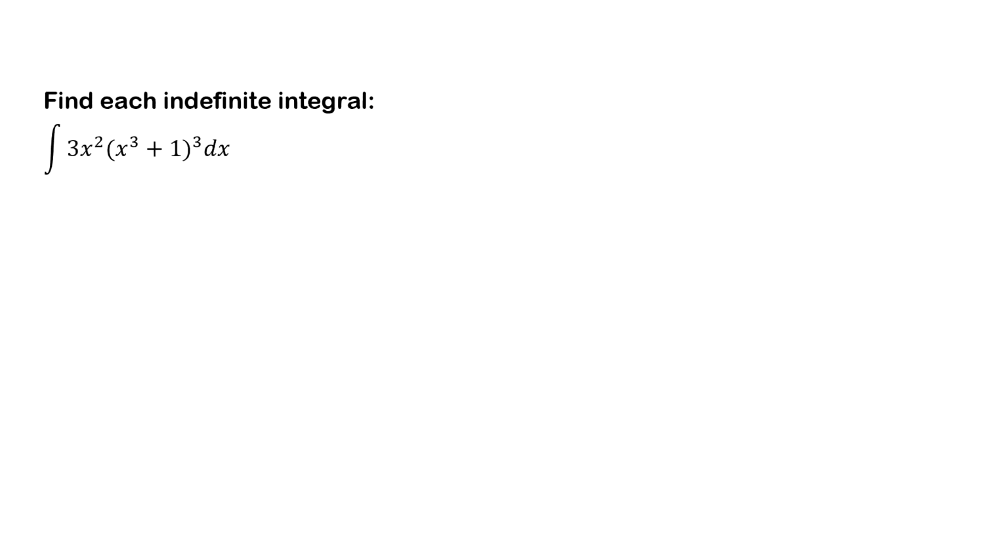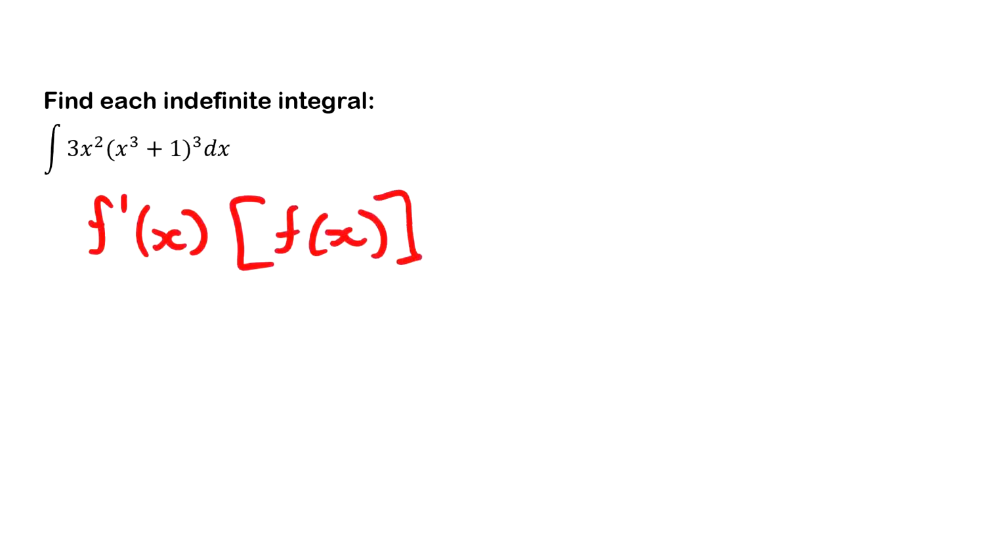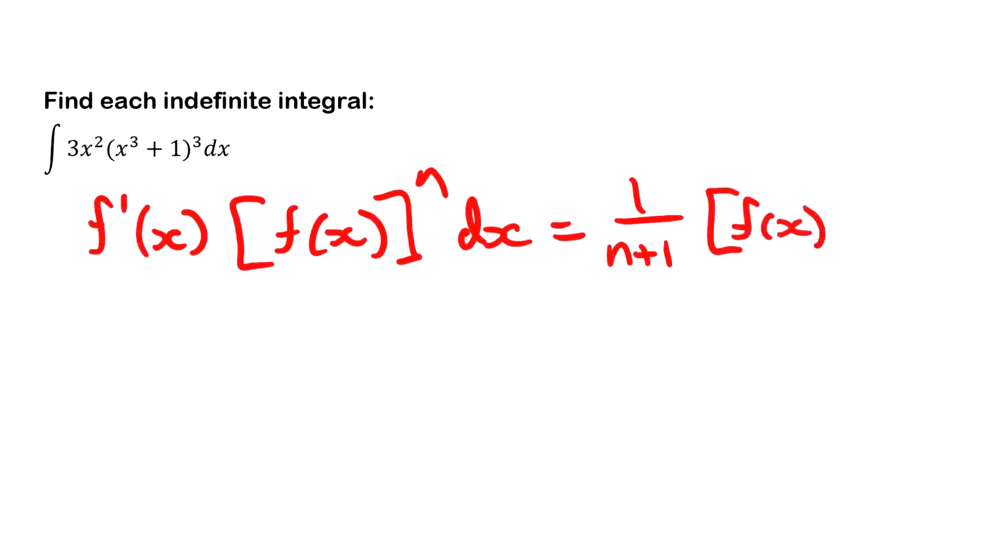So here we're going to be using a different formula this time. We're going to be using the other one. So the other formula was, now the first thing to test is if I differentiate what's in the brackets up here, do I get what's out the front?